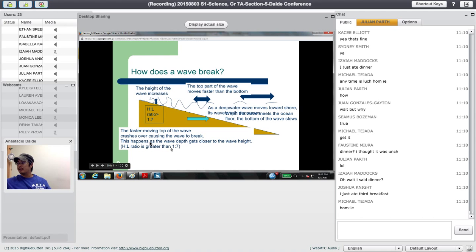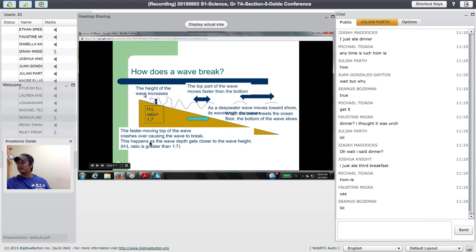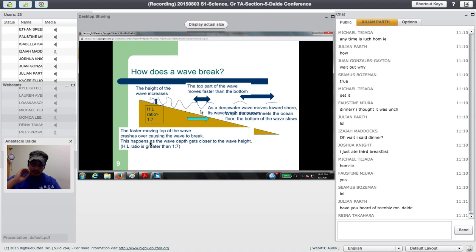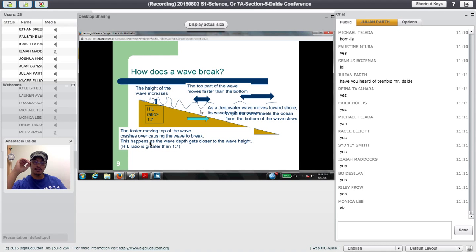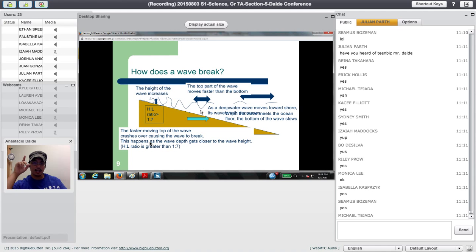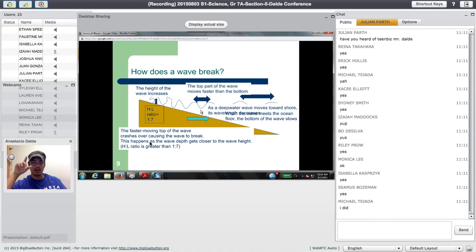All right. As waves go into the ocean, the water level, the depth, decreases. Does that make sense? And what happens when you divide the height of the wave by the length, and the ratio is 1/7 or bigger than 1/7?